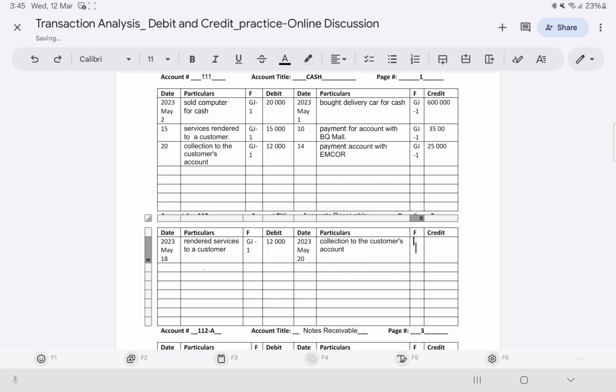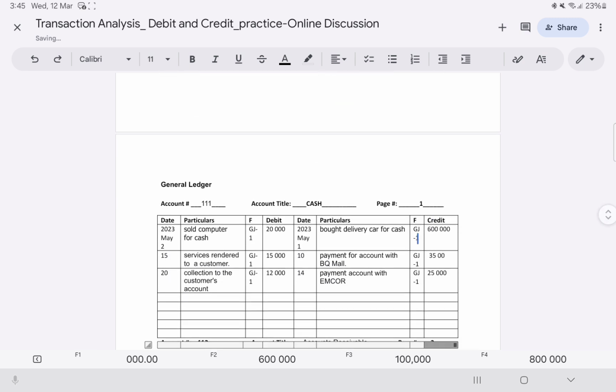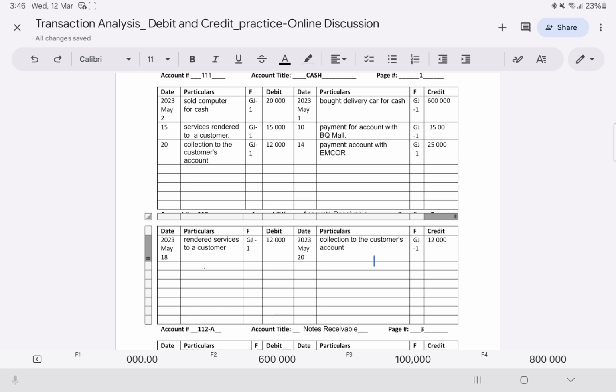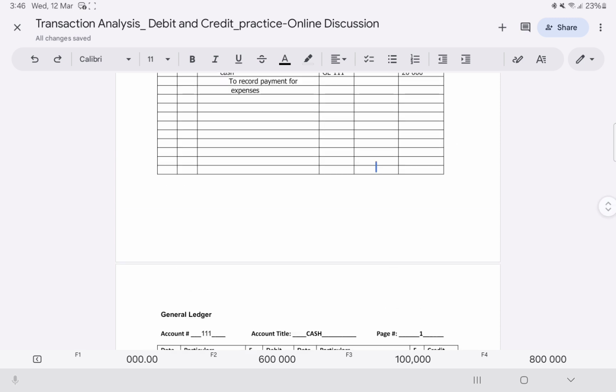Okay, so JG1, 12,000. So we are done with the transaction of May 20.